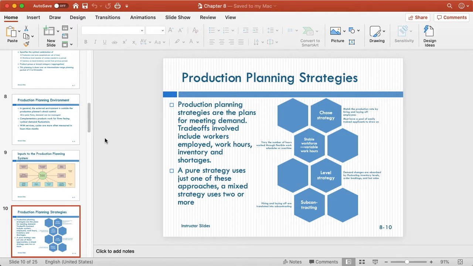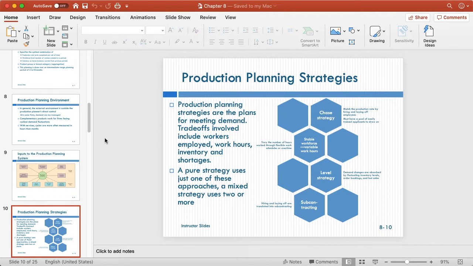Let's look at the second one, which is called stable workforce but variable work hours. They don't actually give a short name for it, but the name that they gave us, stable workforce with variable work hours, actually gets the essence of this strategy. If you compare it with the chase strategy, you see this strategy is totally different.